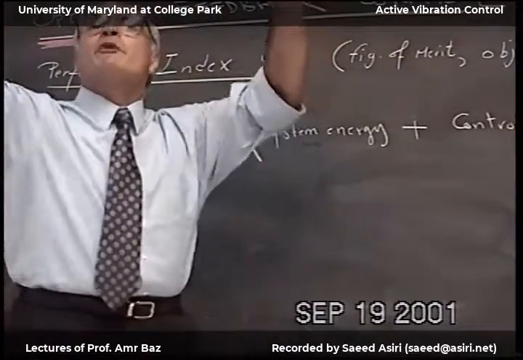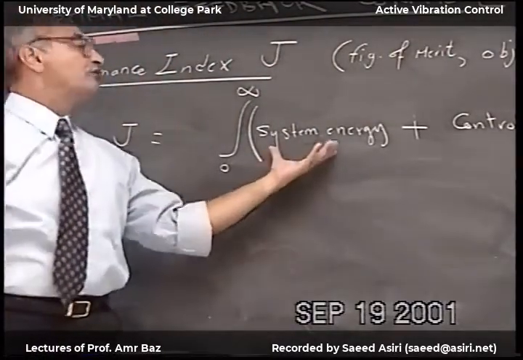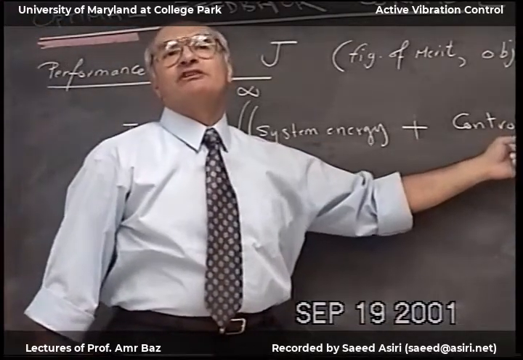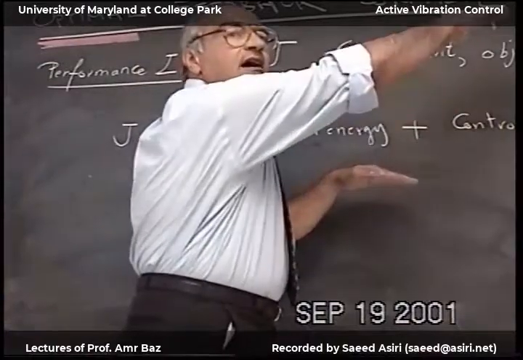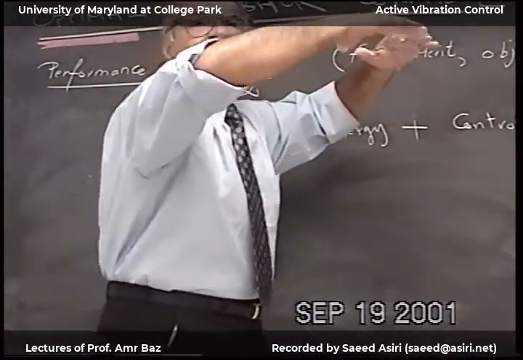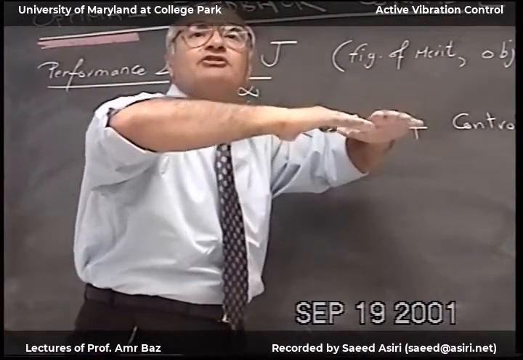So now I want to drop both of them as soon as I can in the shortest period of time. I don't want to drop this alone and pay a lot of money for the control energy. If I do, then this will be high, this will be low, the sum will be high. So now I try to find a better solution until I bring both of them to within reason.